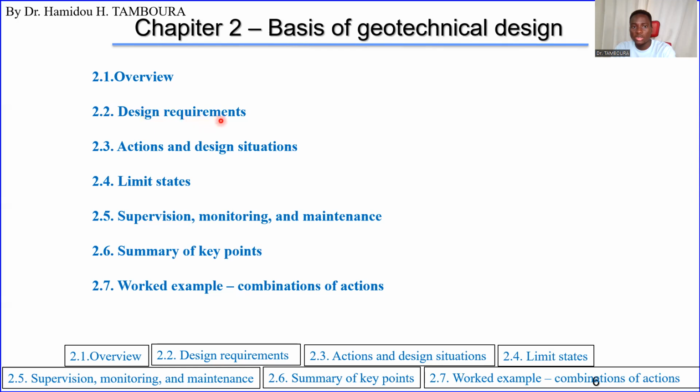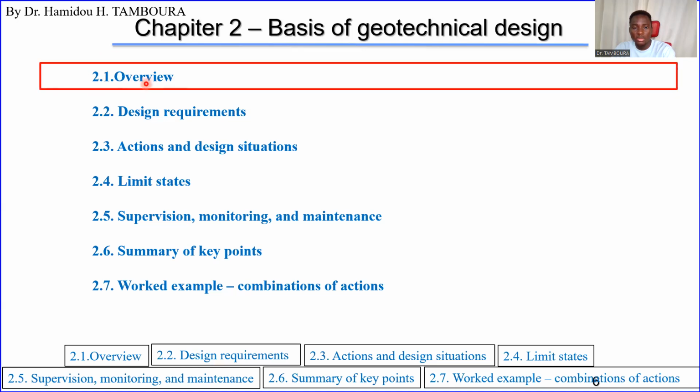Number 2 is design requirement, action and design situation, limit state, supervision, monitoring and maintenance, and summary of key point. Some example also, worked example, combination of action. Okay, so in this video, we will just talk about this part, the first section, the overview.